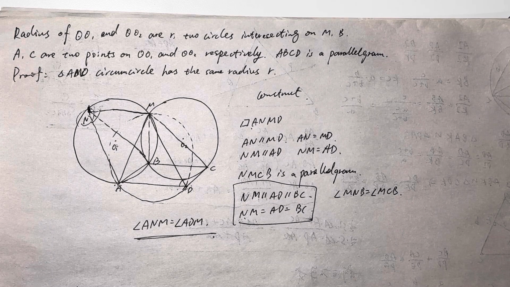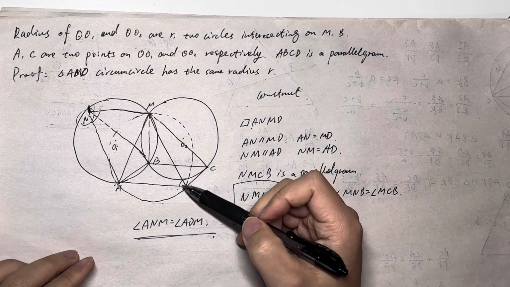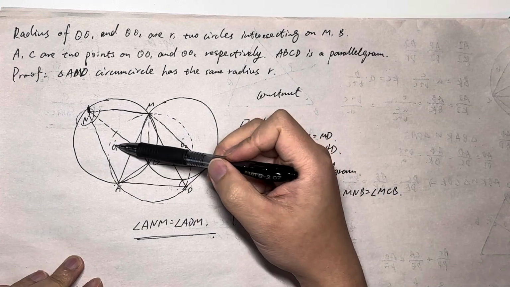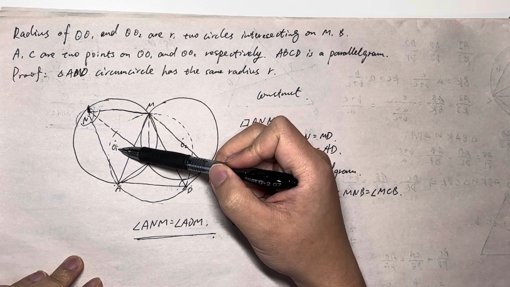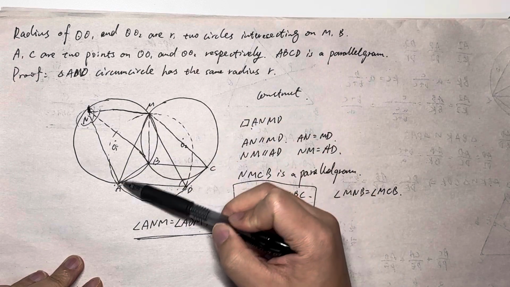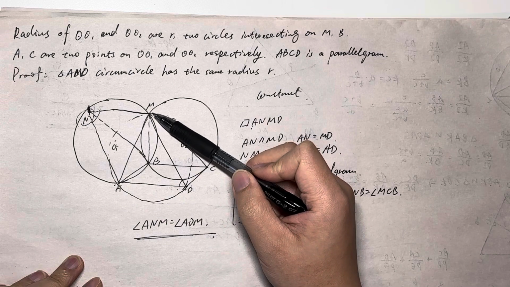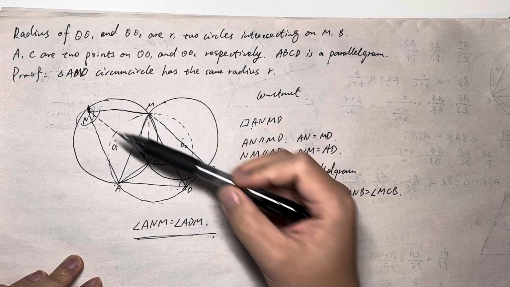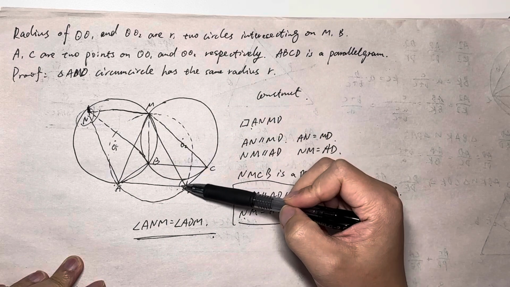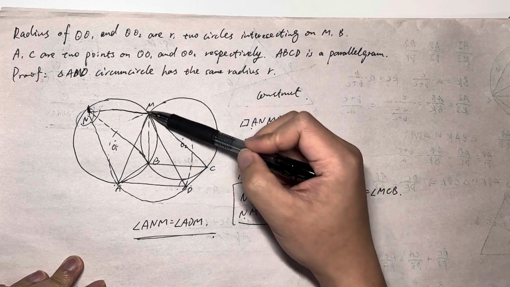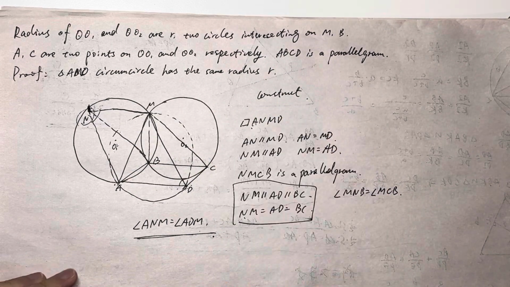But for this problem, there is a particular sign that you should use construction, because we want to find an angle inside circle O1 with the chord AM, so that we can prove that the angle ADM equals that angle.